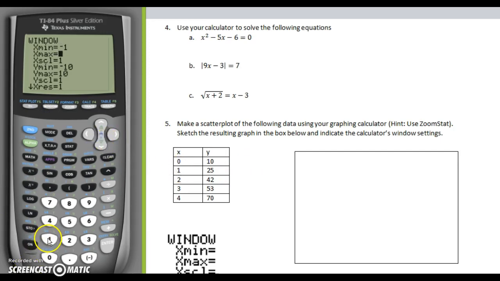I'm going to go up to 15 and regraph it that way and see what happens. Okay, so that looks pretty good. Just to make sure there's no solutions on the left side, I'm going to change the window to go back a little farther to the left.